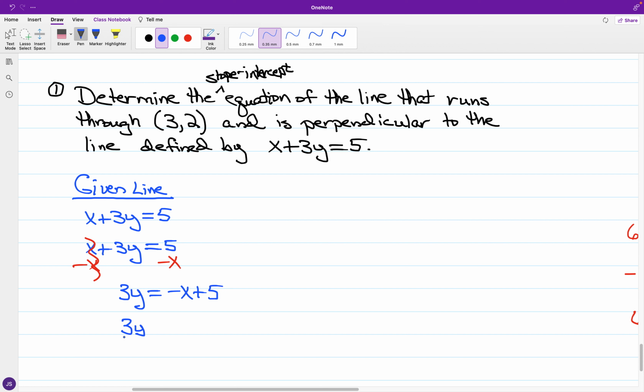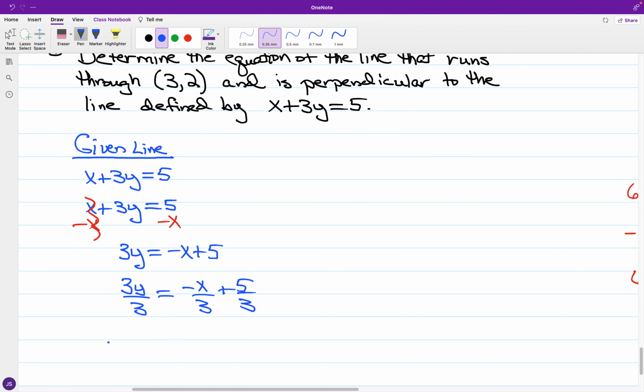And then expressing in terms of y, if I divide the terms all out by 3, so we have that y is equal to -1/3 of x plus 5/3.